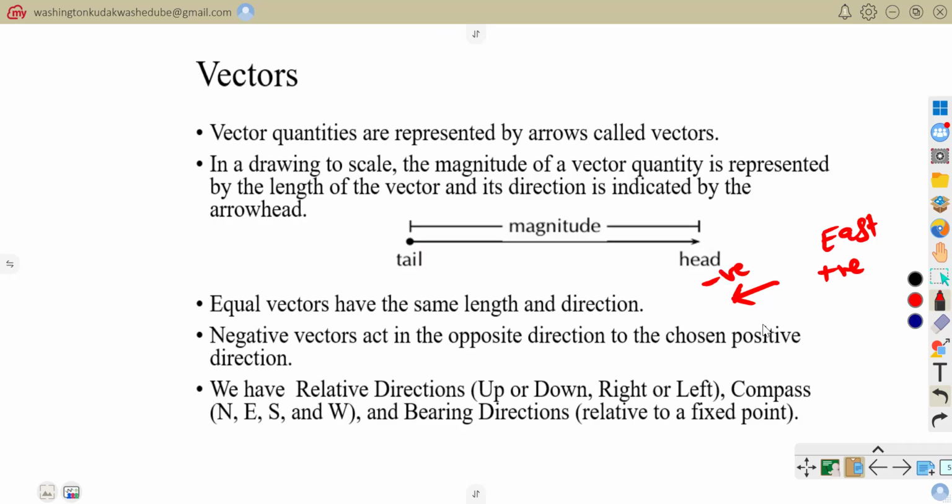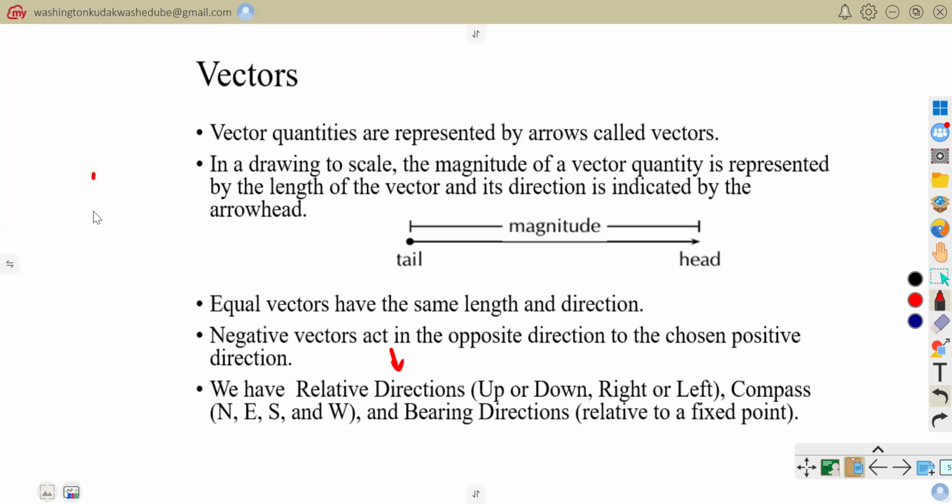And due to that, we now get to define our direction in different terms. We have different terms of referring to our direction. We can either use what we refer to as a relative direction.